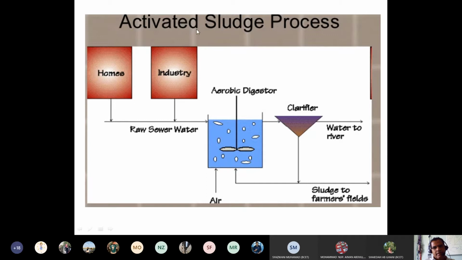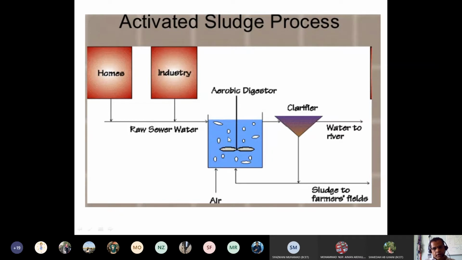Activated sludge means sludge that is active or rich with bacteria, and these bacteria could be aerobic or anaerobic. What is the difference between aerobic and anaerobic? Aerobic needs oxygen to utilize. Anaerobic will use oxygen in the compounds themselves, meaning it degrades compounds and utilizes oxygen from there. So there is no need for oxygen from air.